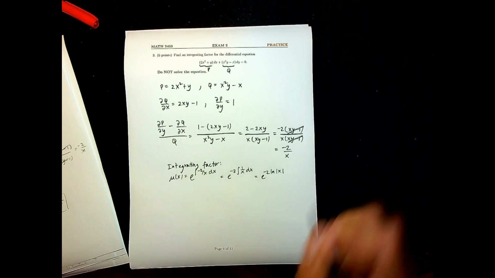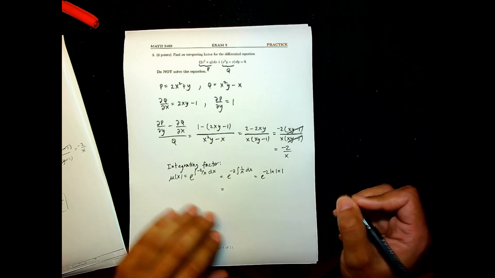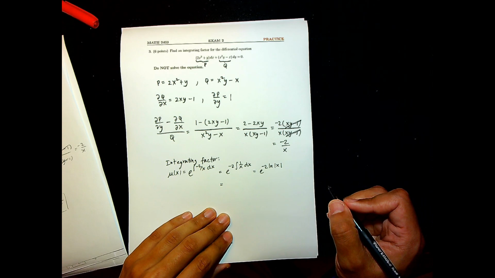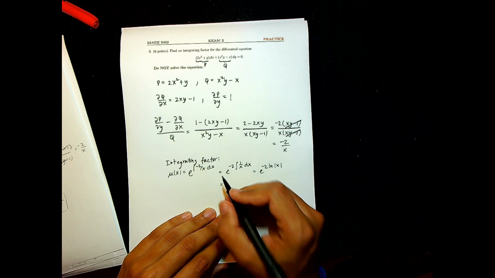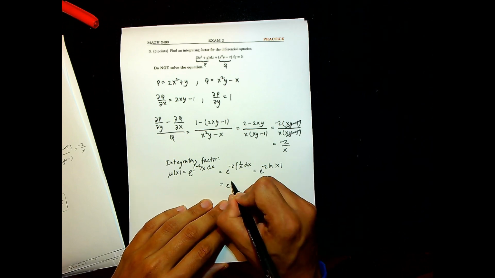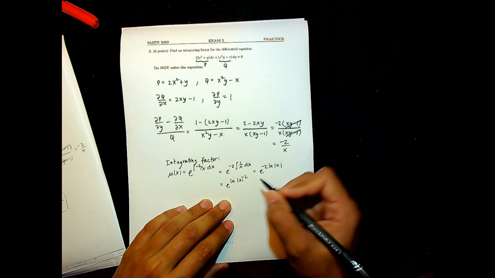We don't do a plus c, we're just looking for one function that works. And then you can put the negative 2 inside the ln, so this is e to the ln of absolute value of x to the negative 2.